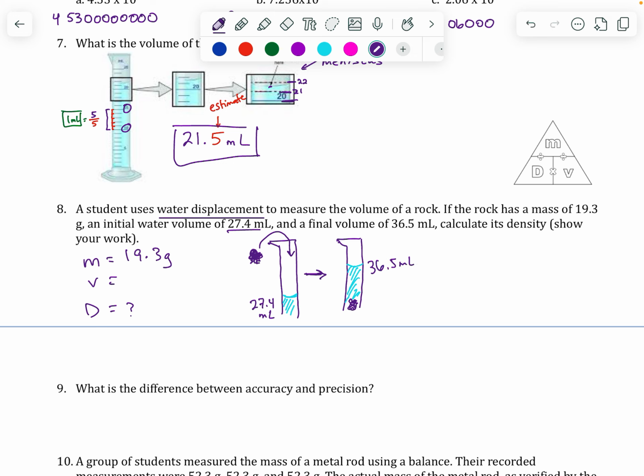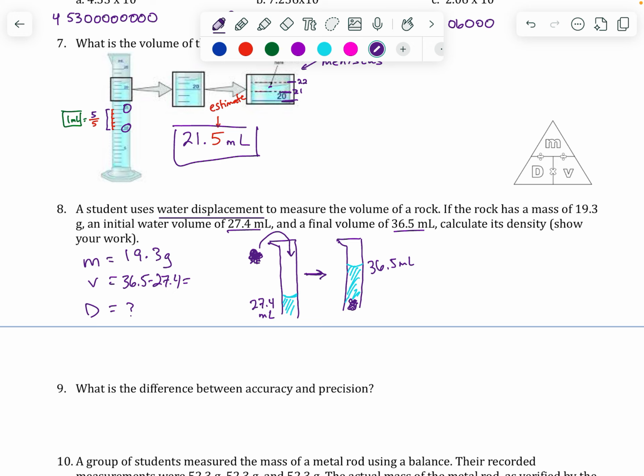And for our sake, we don't want the volume of the water before and after specifically. We just want those values to be able to identify how much space does the actual rock itself take up. And so water displacement allows us to get these 2 values and just subtract them from each other. So we had 36.5 minus 27.4 to get a volume of just the rock itself.